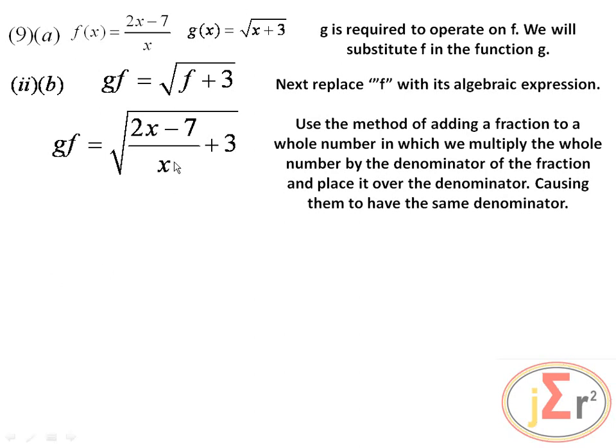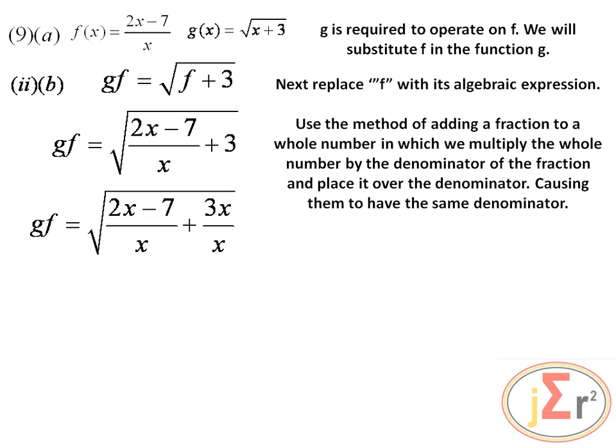So the denominator that we have here is x. So we will create a fraction for this one with the denominator x. So use the method of adding a fraction to a whole number in which we multiply the whole number by the denominator of the fraction and place it over the denominator, causing them to have the same denominator.